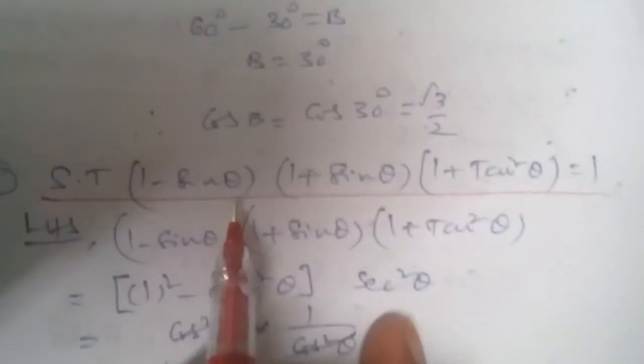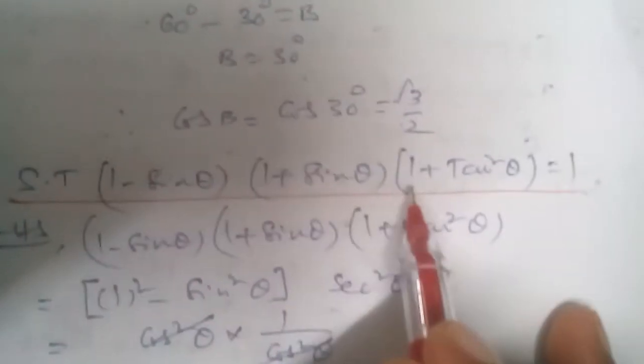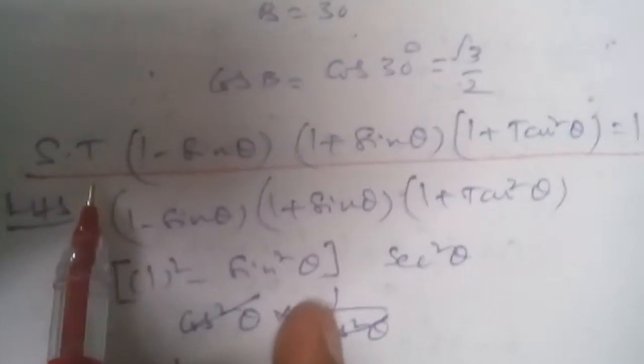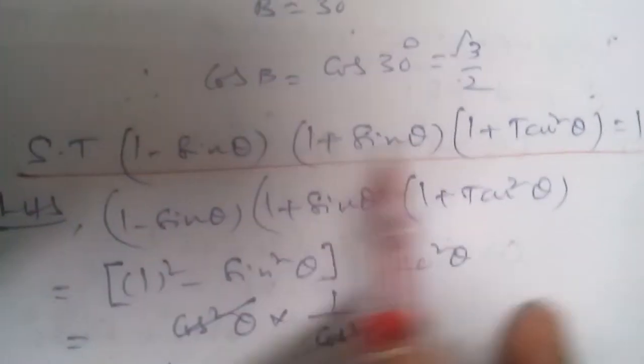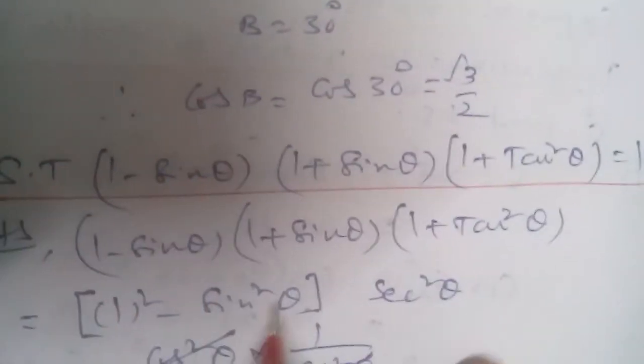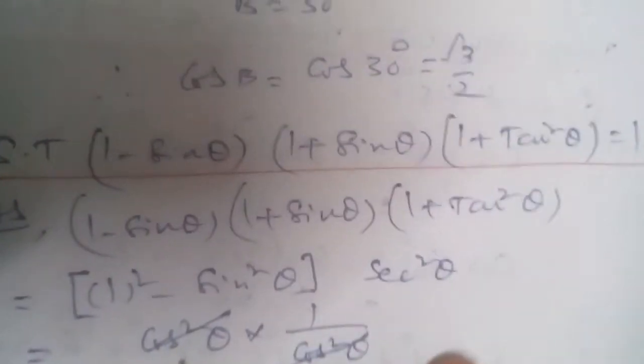And the next question is: show that 1 minus sin theta into 1 plus sin theta into 1 plus tan square theta is equal to 1. So this is in the form of a minus b, a plus b, a square minus b square. 1 minus sin square theta is equal to cos square theta.